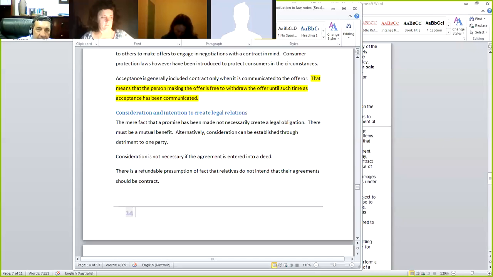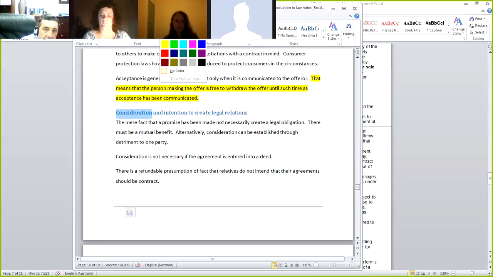The buyer receives consideration because the buyer obtains a property. The seller obtains consideration because the seller receives money. So both parties receive a mutual benefit, and that mutual benefit is sufficient to constitute consideration as we've defined it.